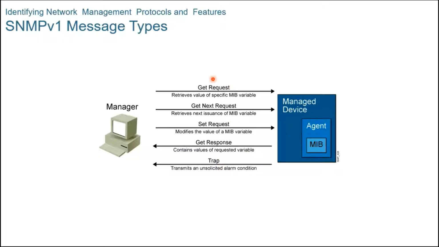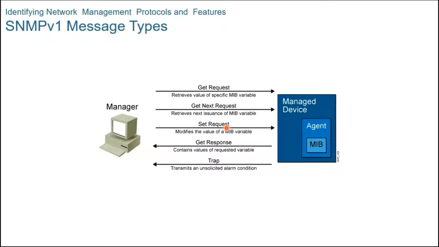First, you've got get request, used by the manager to request a specific MIB variable from the agent. Next would be get next request. These are used after the initial get request to retrieve the next object instance from a table or list.